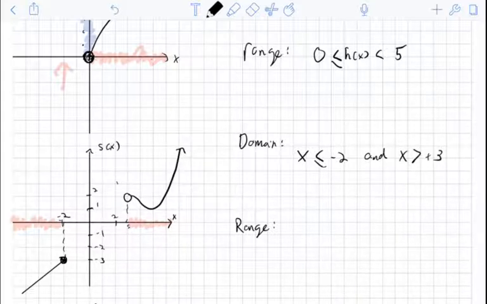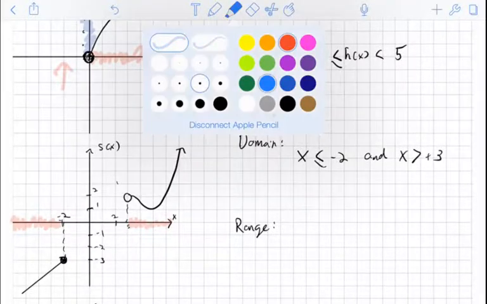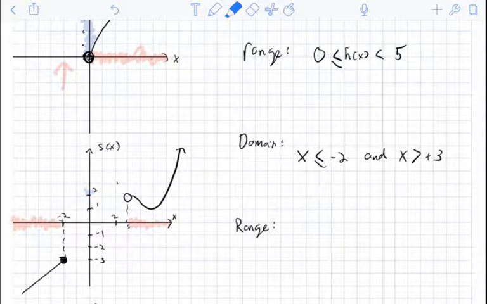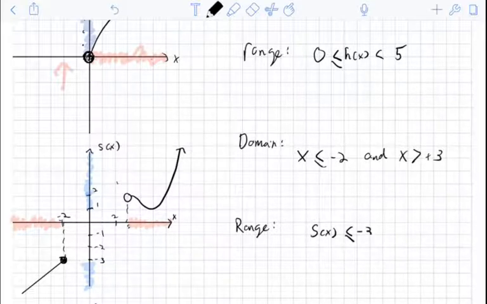What about the range? Well, the range is all these values. Oh, it goes down to 1, looks like. And all these values. So the range is that the output is less than or equal to -3 because it includes the endpoint. And also it seems to be bigger than +1.